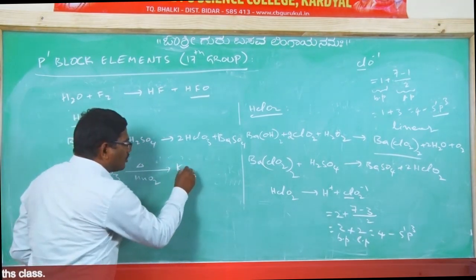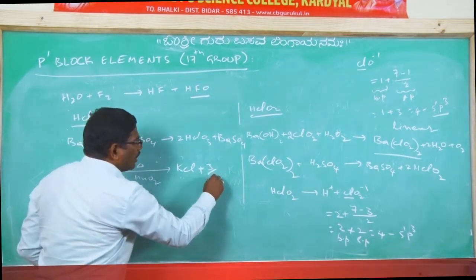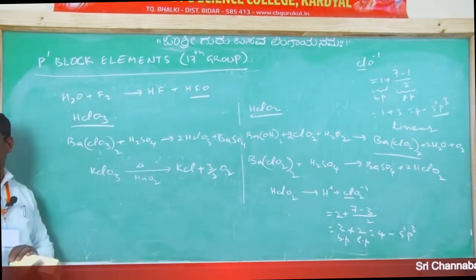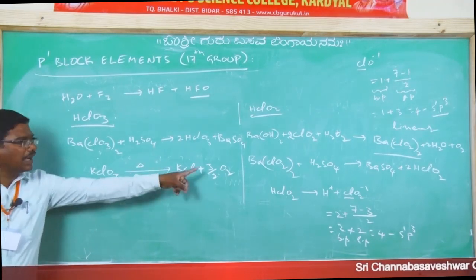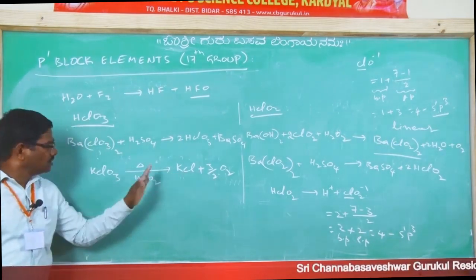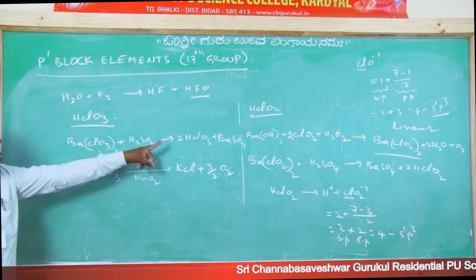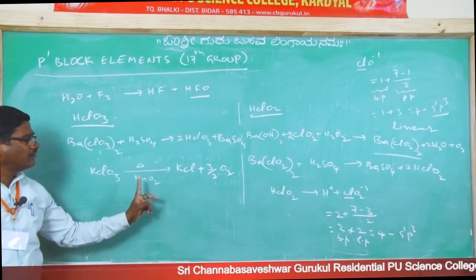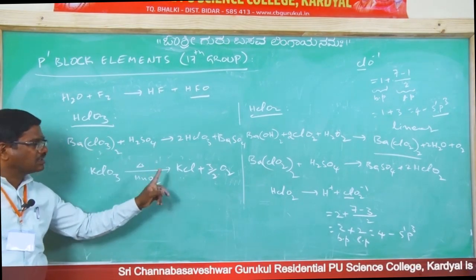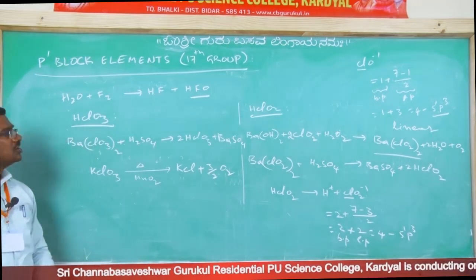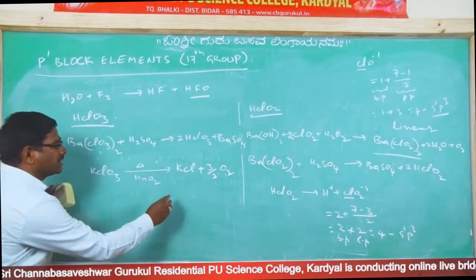During the decomposition, what will we get? Oxygen liberates. Clear? So it decomposes and liberates oxygen gas. In this way, the salts of chloric acid, when heated in presence of a catalyst, liberate oxygen gas.